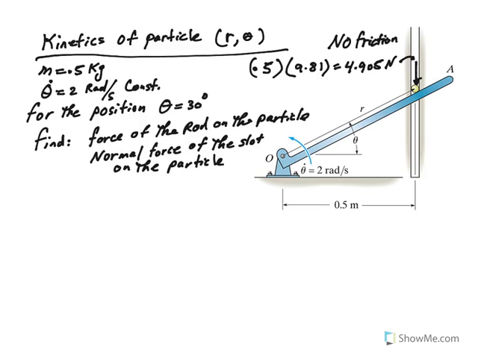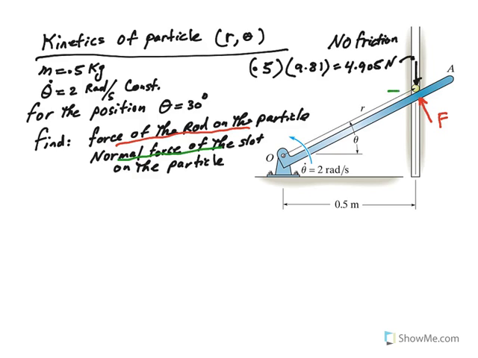Now, what do we mean by the force of the rod on the particle? It would be this force here, which would be perpendicular to the rod. I'm going to call that F. And let me put in a different color the next force, the normal force of the slot on the particle.